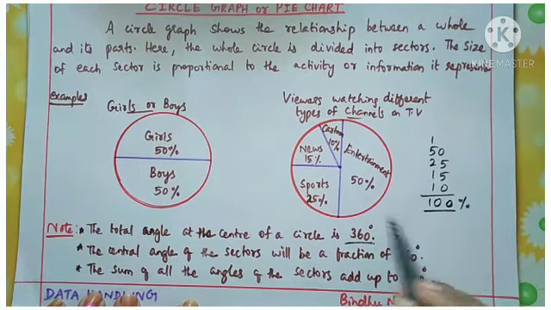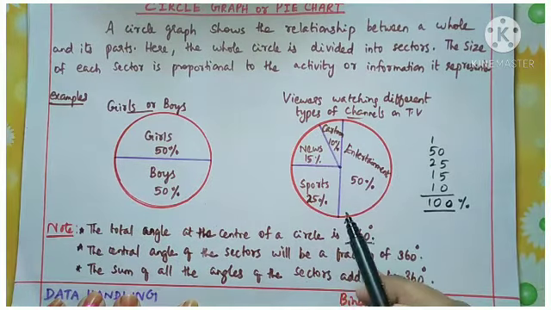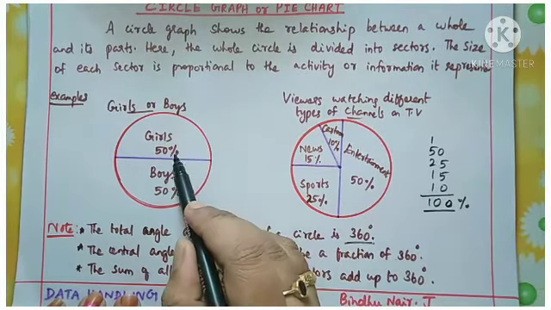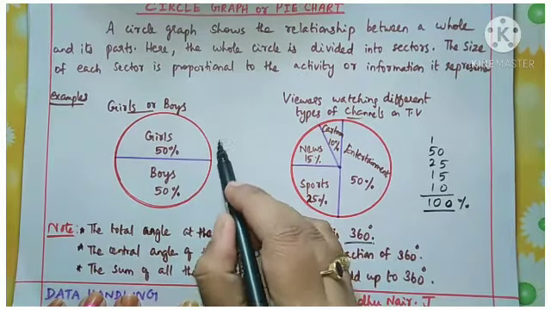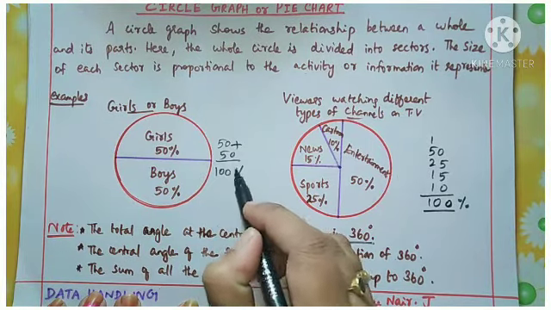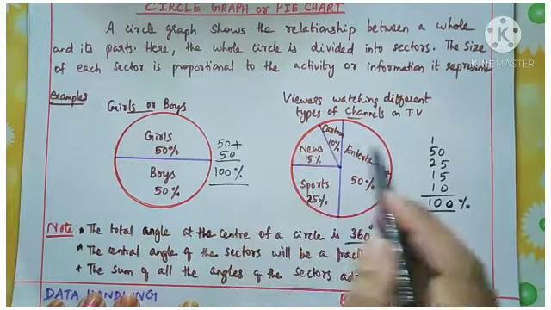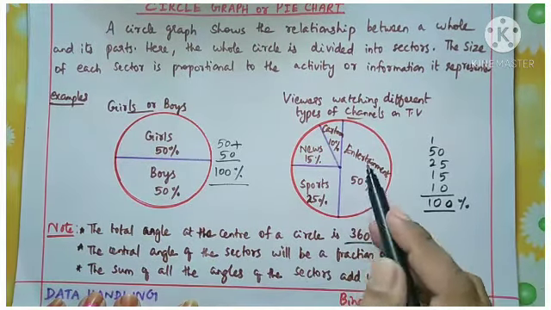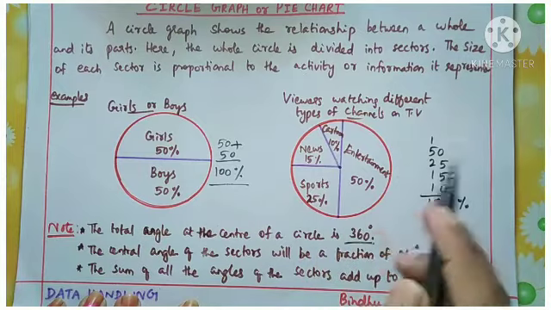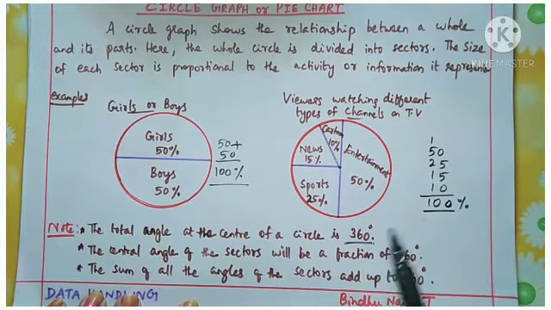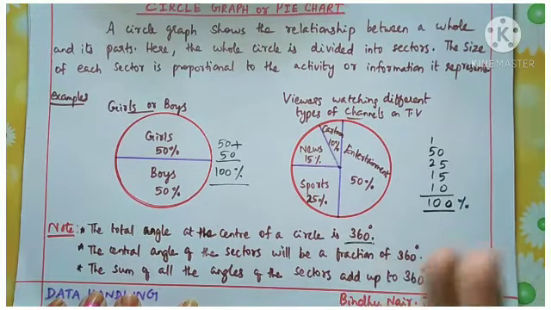So 100% is considered as the whole circle, and these are the parts of the circle. Okay, here also you see 50% girls and 50% boys. 50 plus 50 is again 100%. So the total circle is taken as 100%, a full quantity, and that is divided into sectors. So here it is given in percentage, but when you do the problems for pie chart, we need the angles.